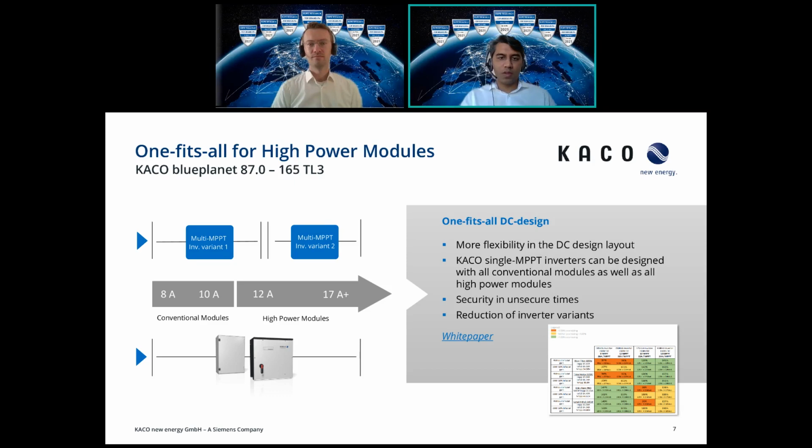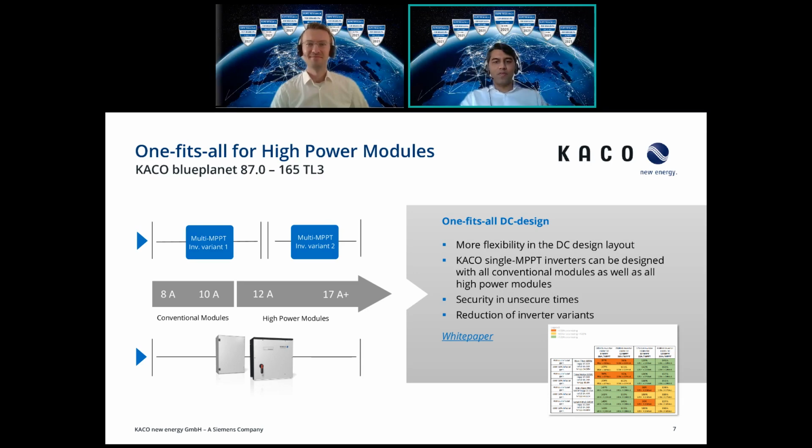For the inverter, it's all the same, as especially the Kaco silicon carbide inverters have a high DC input capacity. We have capability of up to 300 amps short circuit current, which allows you to do a minimum of 50%, or even higher than 50% overloading.